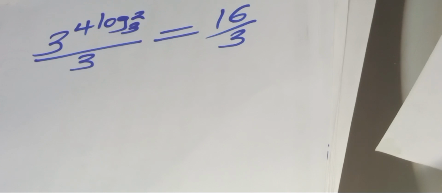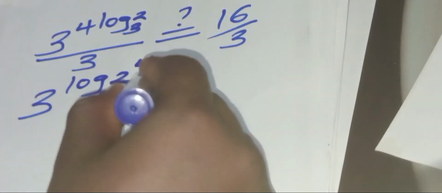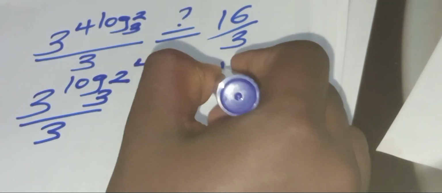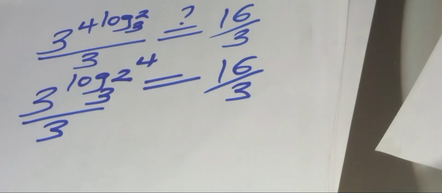Now, from what we have here, we have 3 to power 4 log 2 to base 3 divided by 3 should give us a value of 16 divided by 3. Now, as you can see, we can express this as 3 to power log 2 to power 4 to base 3, divided by 3. This should give us a value of 16 divided by 3.